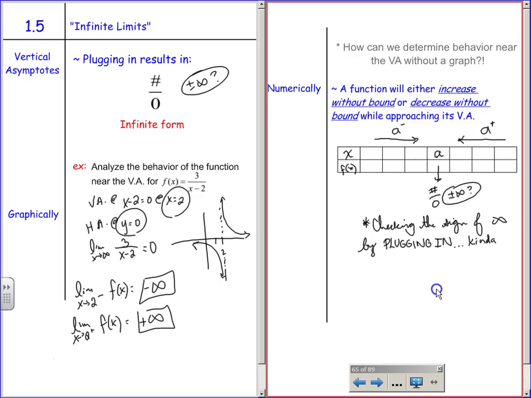Why am I saying kinda? Because you don't need to simplify. It doesn't matter what the actual number is, right? All we care about is the sign. It's getting exciting outside. All we care about is the sign.